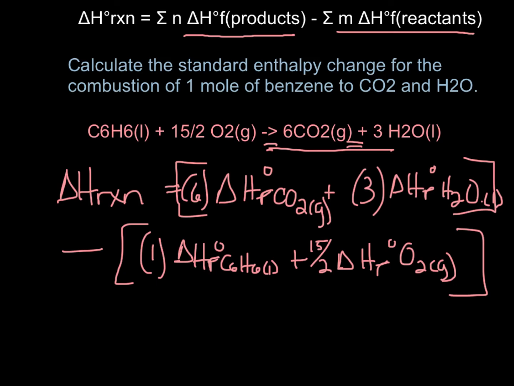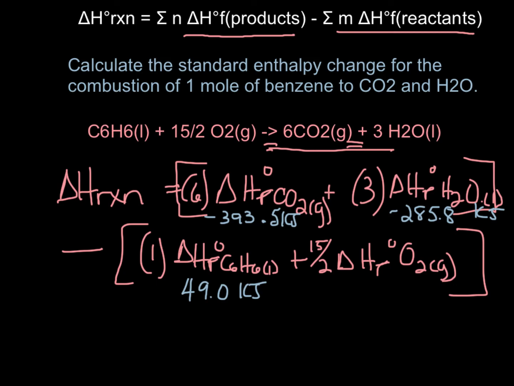And so I have found that the delta H formation for gaseous carbon dioxide is negative 393.5 kilojoules. And for water in its liquid form, we have negative 285.8 kilojoules. And for the delta H formation of our liquid benzene, we have 49.0 kilojoules.